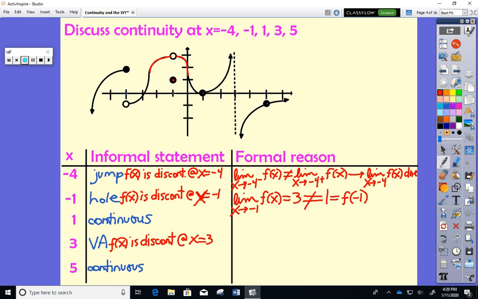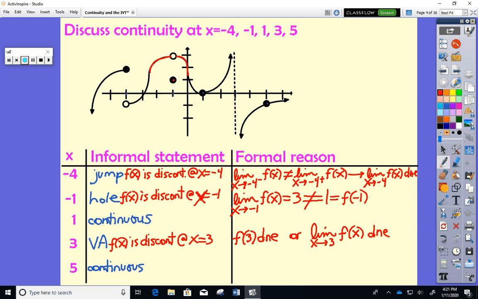So all I have to do is pick one of the two reasons, and either one of them is enough to kill the continuity. So I might say f of 3 does not exist because that's actually a little bit shorter to write. But you could also say the limit as x goes to 3 of f of x does not exist. So say one or the other. It would be all right to say both as well.